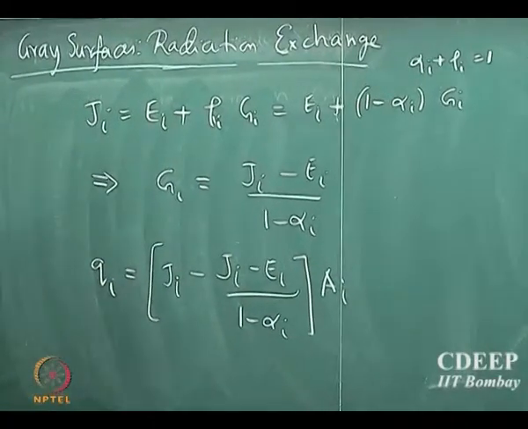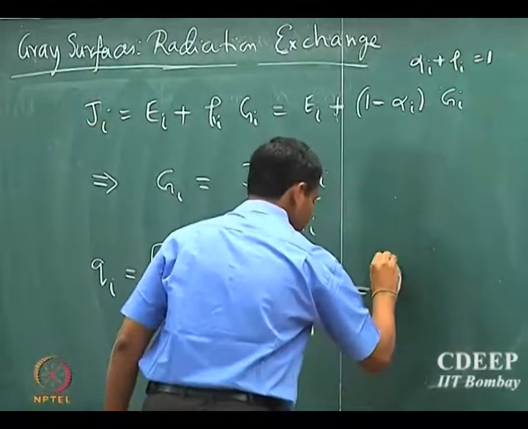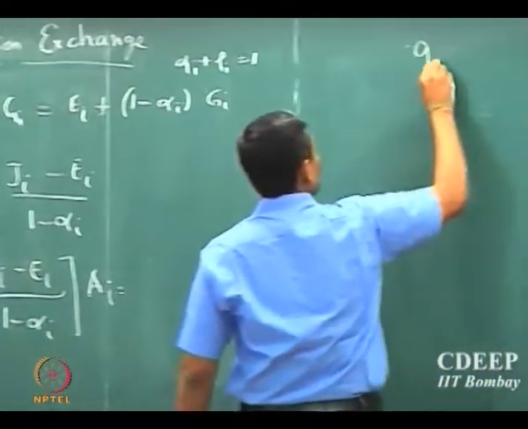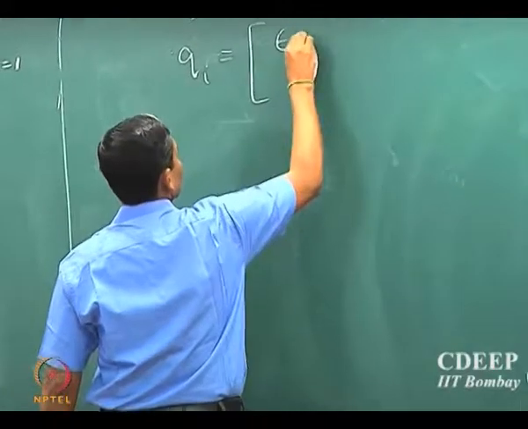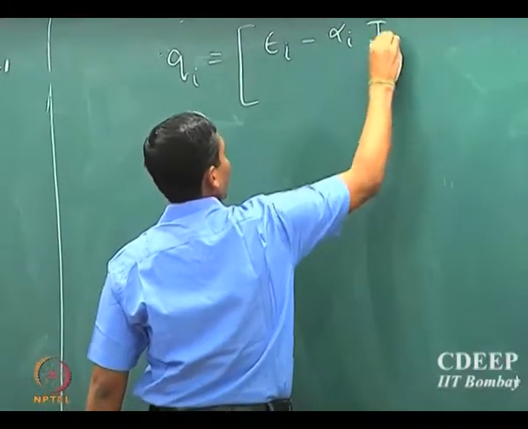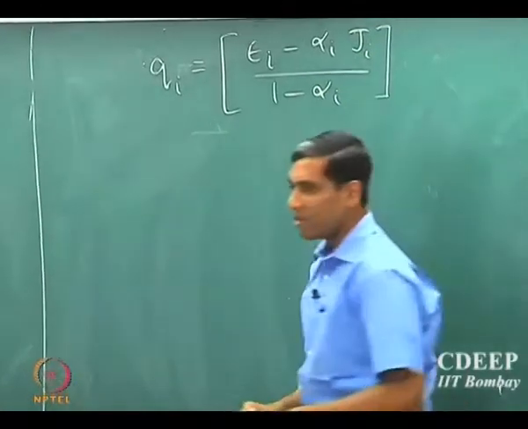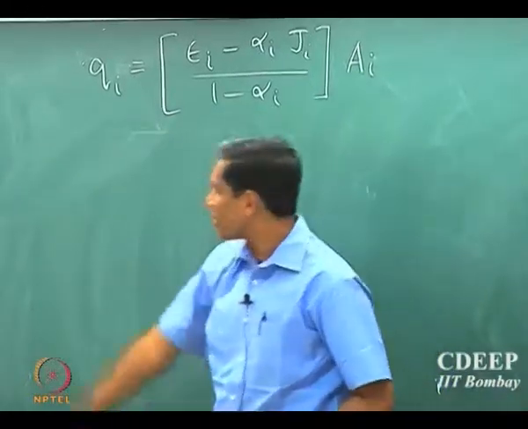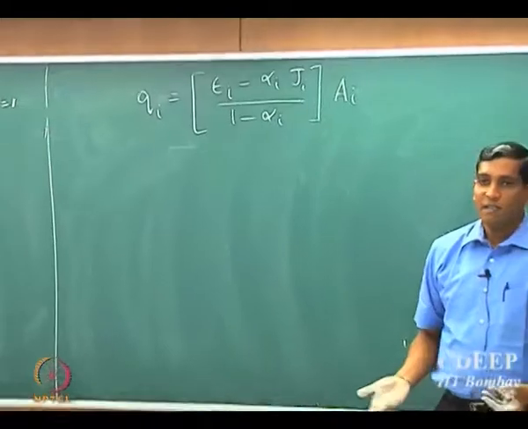Now with a little bit of algebra, Qi will be Ei minus alpha I Ji divided by 1 minus alpha I, into Ai. All I have done is multiply by 1 minus alpha I and cancel the like terms.